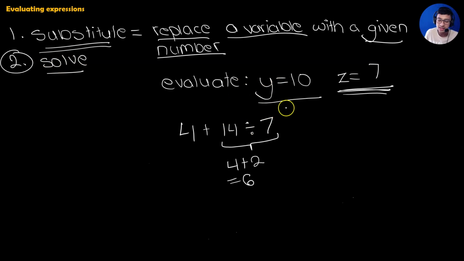Let's use the equation we did previously. First we replaced or substituted. There was no y, sorry, but there was a z, and we replaced it and got 7. And after we did all our substitution, we simply solved as seen here.